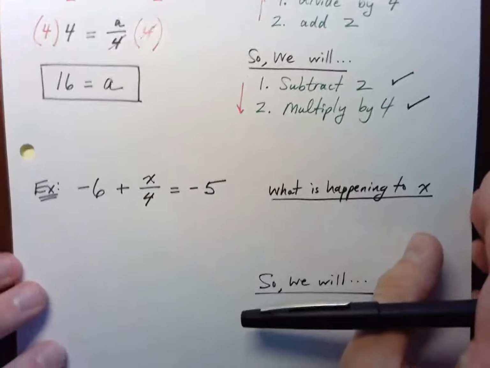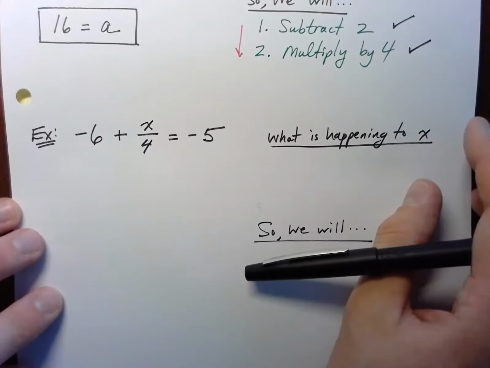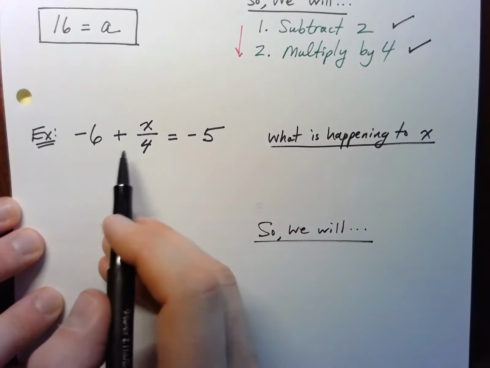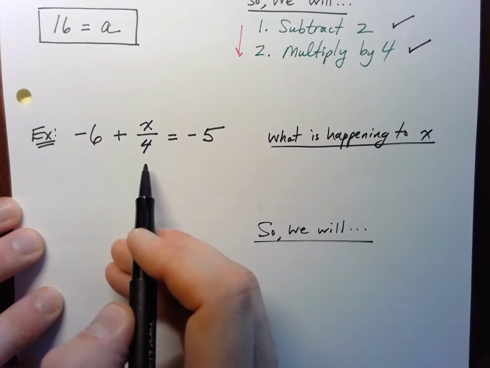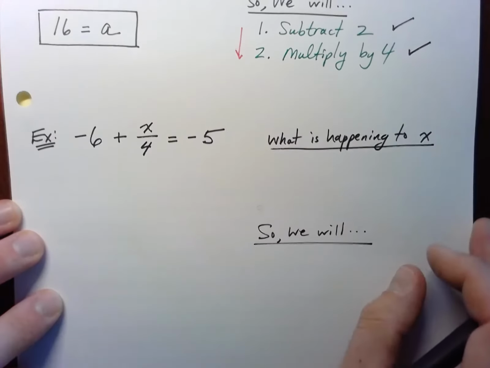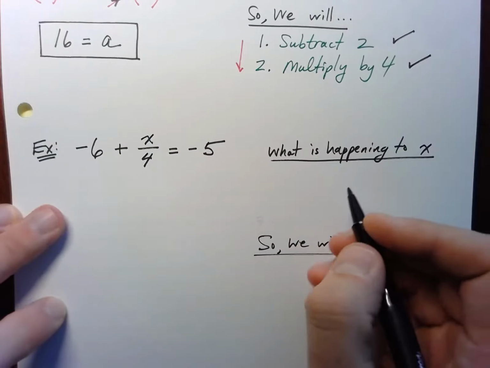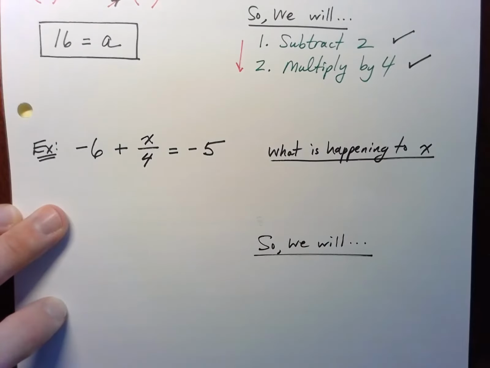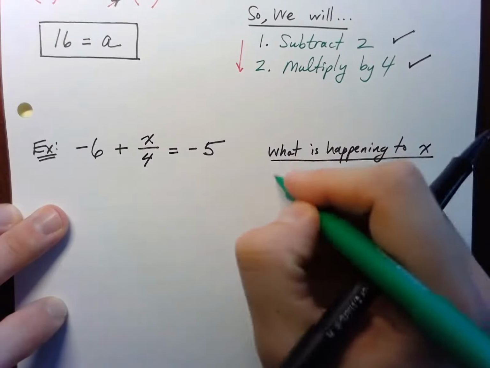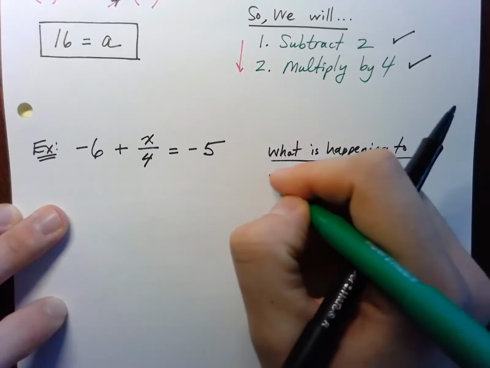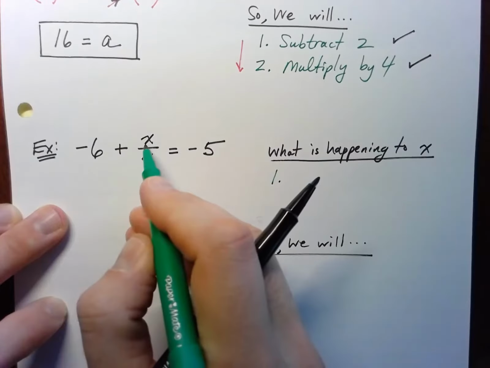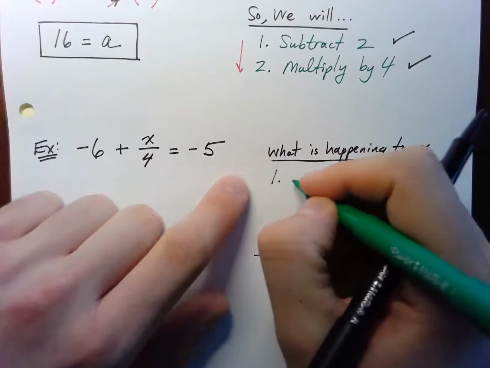Now here's another example. Negative 6 plus x divided by 4 equals negative 5. So what is happening to x? Well, we set this up exactly like we did before. The first thing that's happening to x is what? It's being divided by 4.